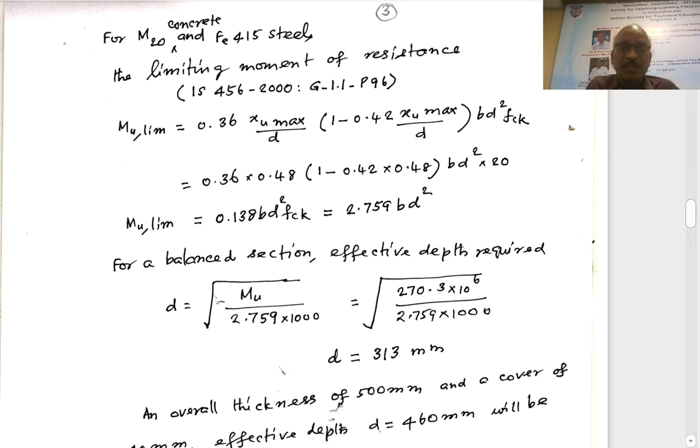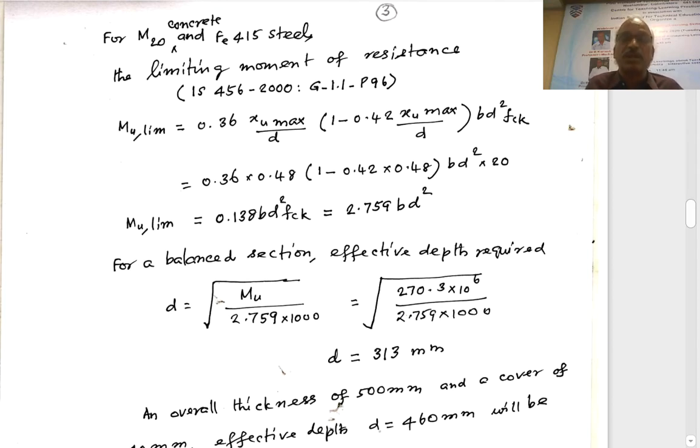For different grades of steel, for mild steel, Xu,max/d equals 0.53. For Tor steel, it is 0.48. For Fe 500, it is 0.46. These values are available in the code book, from IS 456. So substituting the values, 0.42 Xu,max/d, then b d square into fck.